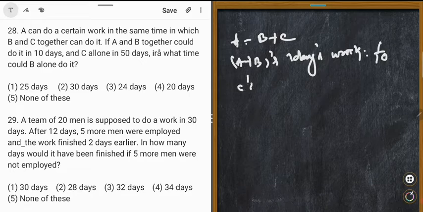And C alone in 50 days means C's 1 day's work is equal to 1/50. Could you understand?